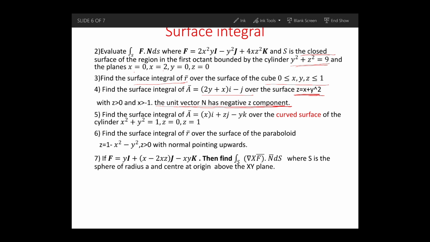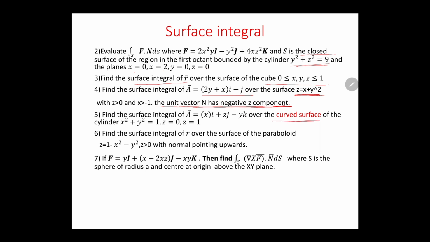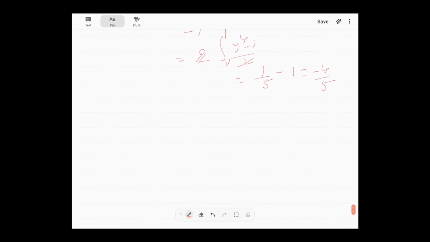The next one is to find the surface integral of this A bar over the curved surface only, of the cylinder x square plus y square is equal to 1, z is equal to 0, z is equal to 1. So I will explain how to find it. He has given x square plus y square is equal to 1 as the surface.